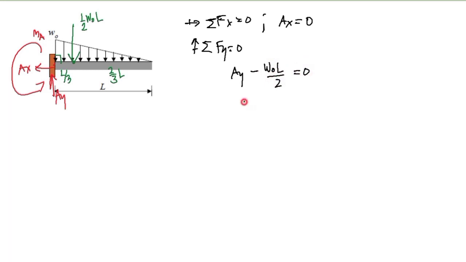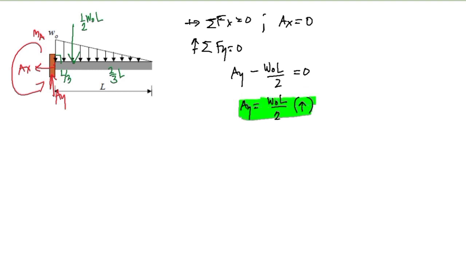So our AY is equal to W sub O L over 2. And since we have here the positive reaction, this is directed upward because we assume that it is directed upward, so tama yung ating assumption.